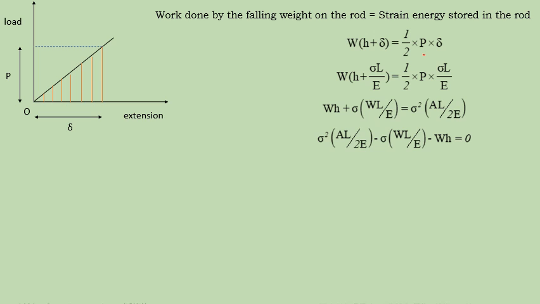So we can rewrite this equation as sigma square into AL by 2E minus sigma into WL by E minus WH is equal to 0.